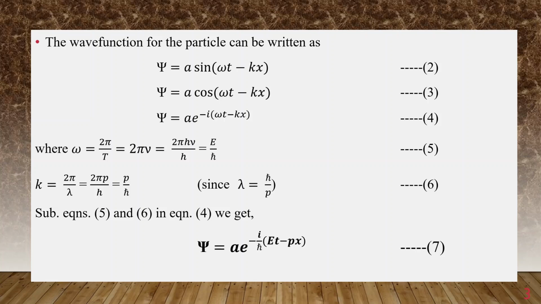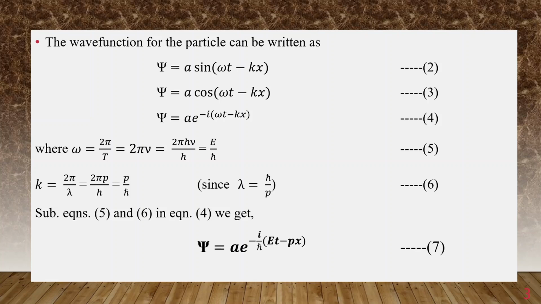I need to convert omega into energy terms, so I multiply and divide by h: 2 pi h nu. h nu is energy E, divided by h by 2 pi, that is h cut. So omega is equal to E by h cross. Put it as equation number 5.